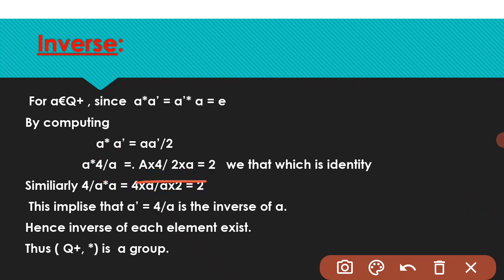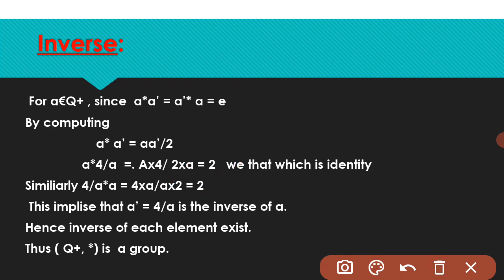When we apply the operator A star 4 by A, by the given condition A multiplied by 4 over 2 multiplied by A. The 2 is the denominator by the definition. Here A is the small a. The A cancels with A, and 2 cancels with 2, the table of 2 on the 4, 2 twos are 4. So the answer is 2.